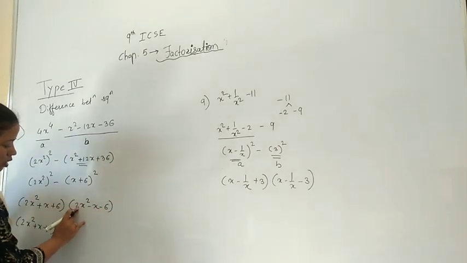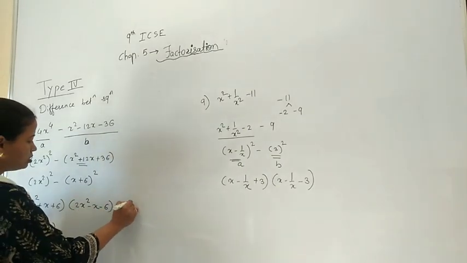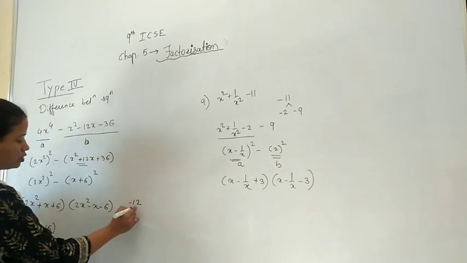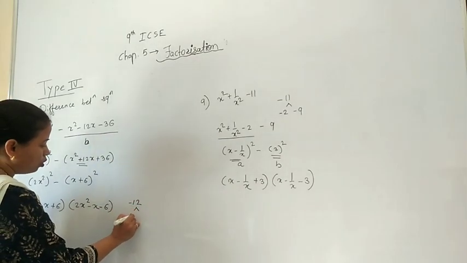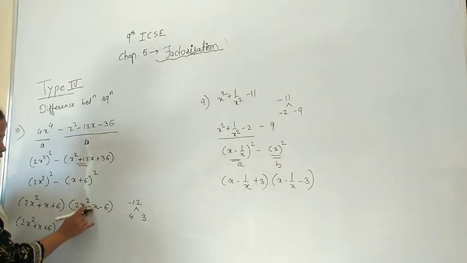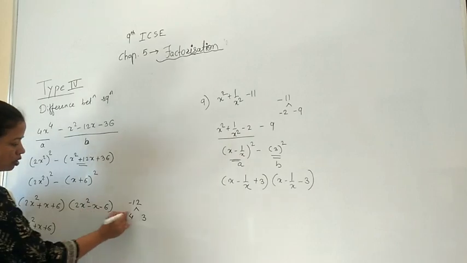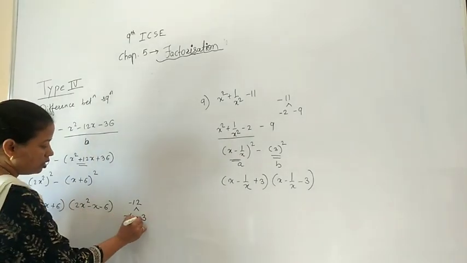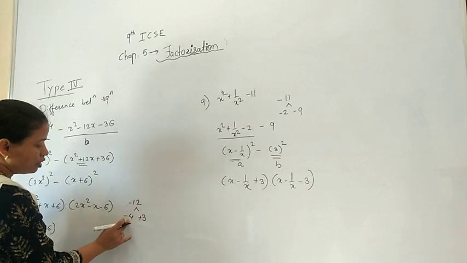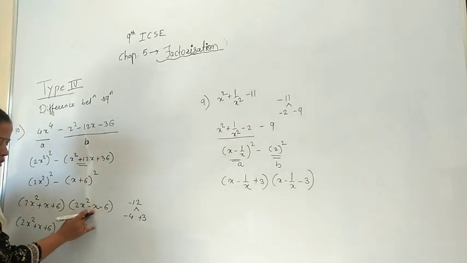So a into c means minus 12, means minus 6 into 2 means minus 12. So 4 threes are 12, but the middle term sign is minus, so minus sign for the bigger and plus sign for the smaller. So 4 threes are minus 12, and minus 4 plus 3 you are getting minus 1.